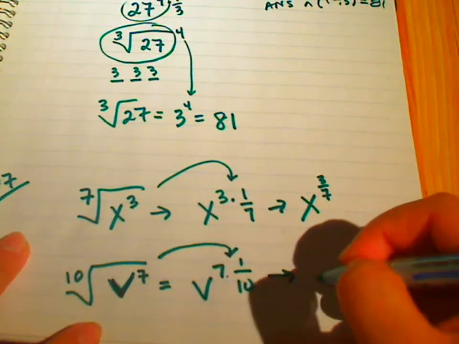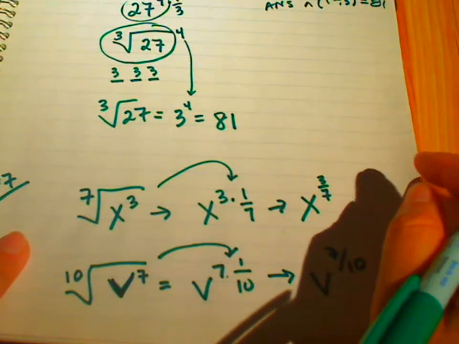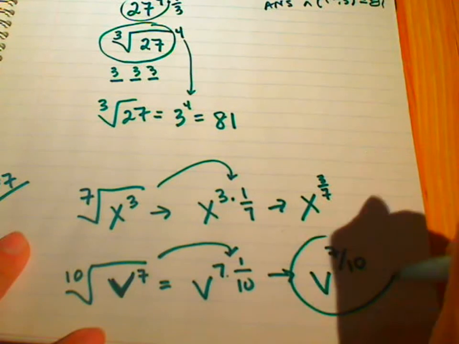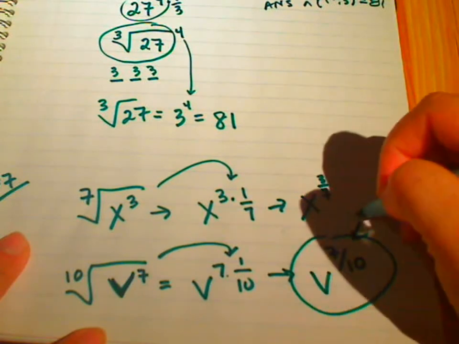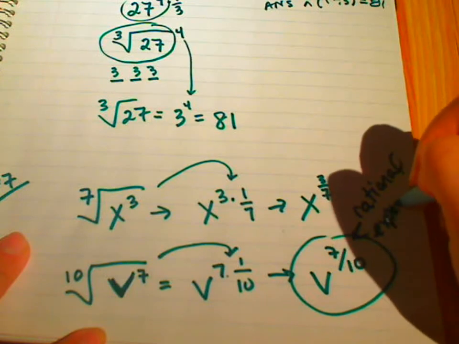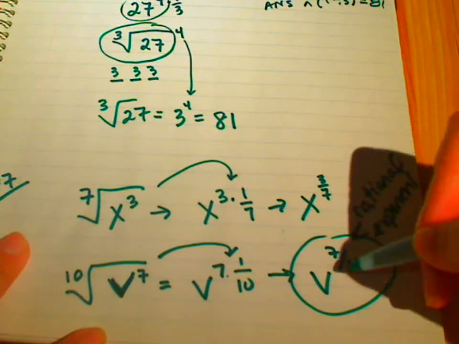And then I just multiply and simplify. V to the 7/10. That is simplified. So writing as a fraction, this is your rational exponent. Rational exponent means it's just written as a fraction and it's raised up.